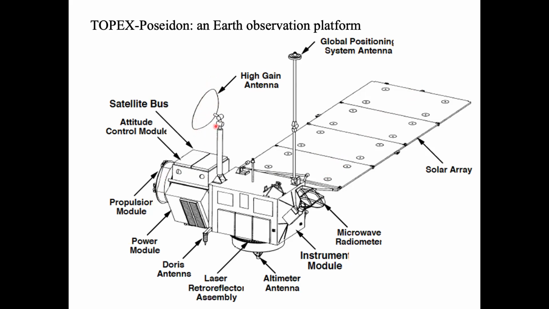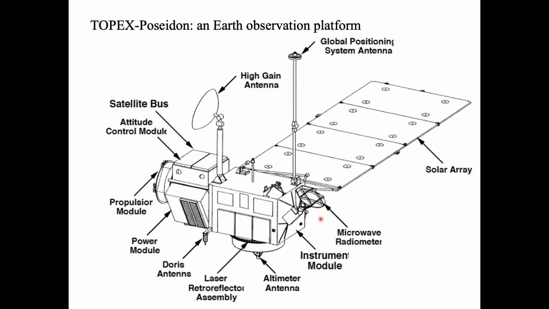I don't remember the link in which band it was, but we have a high gain antenna to transmit the data from the radar altimeter and the radiometer to ground, plus all the housekeeping data, all data that inform mission control about the health status of the spacecraft. This is one of the possible designs.